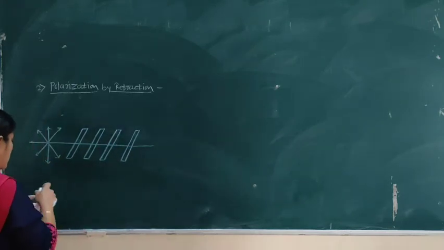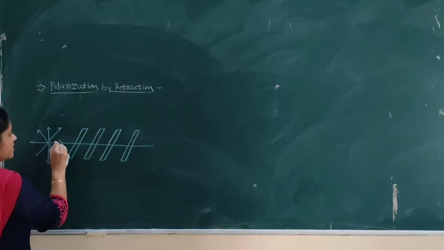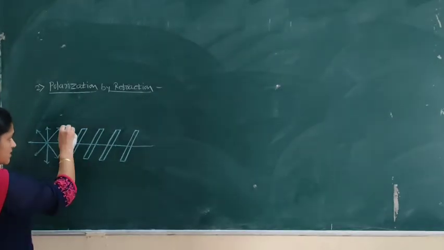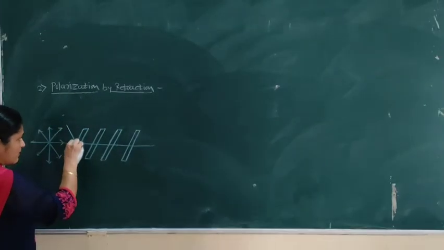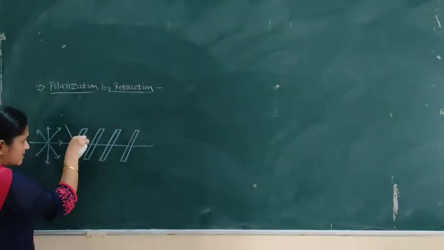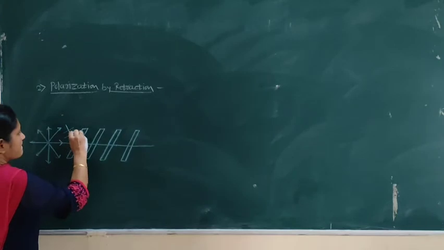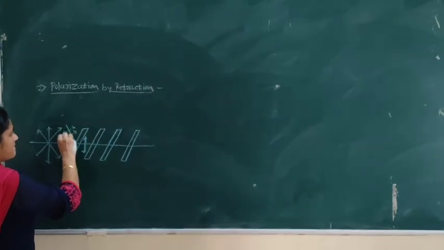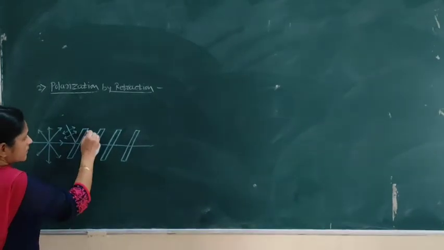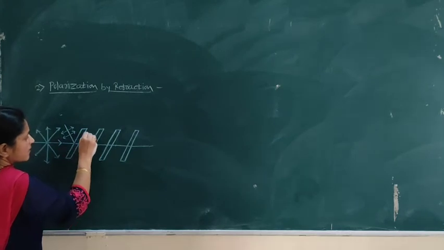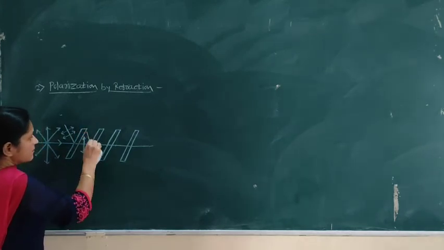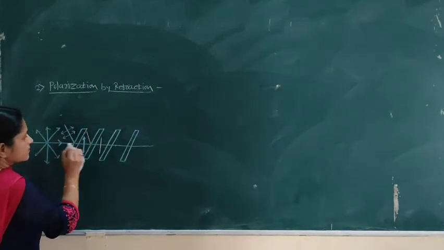When light is incident on this glass surface, a part of the light will be reflected and a part of the light is refracted like this. Again, at the next surface the light will be reflected and refracted like this.